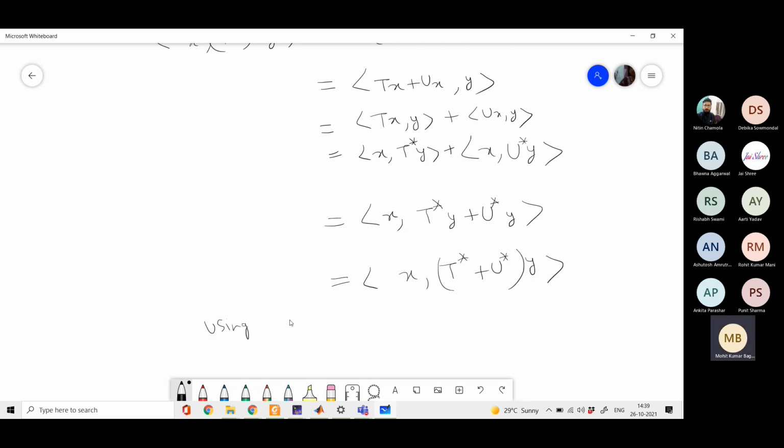Using the uniqueness of the adjoint operator, you can say (T plus U) star equals T star plus U star. Why is it so? Hello. Yes, sir. So is it fine? Yes, sir. Okay.